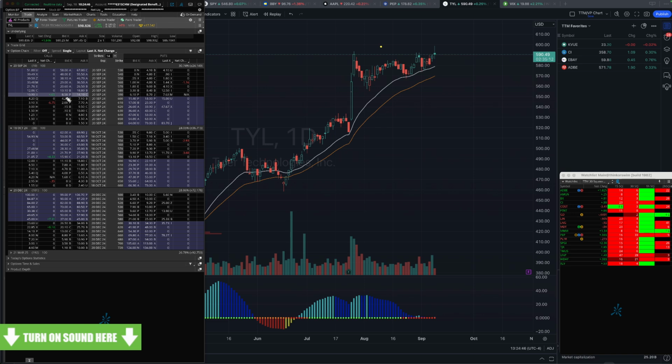But when I look at the options, look at the spreads. This is what we call unplayable, right? Unplayable. Those are just massive spreads. And they're monthly options.